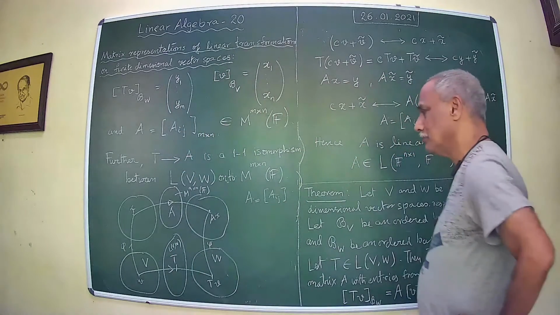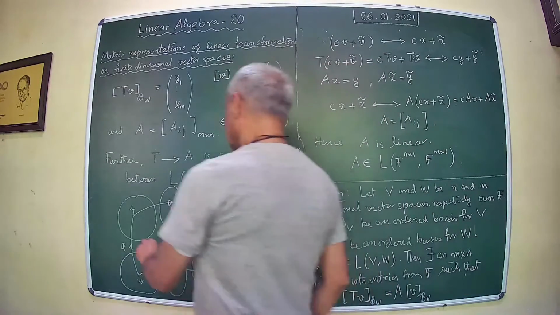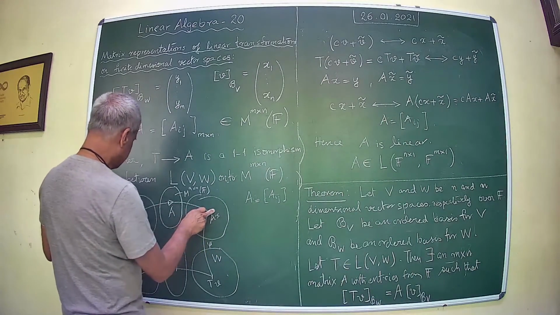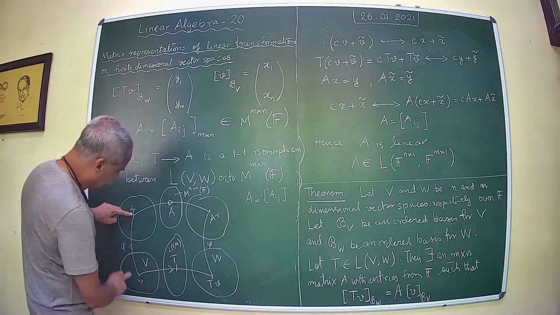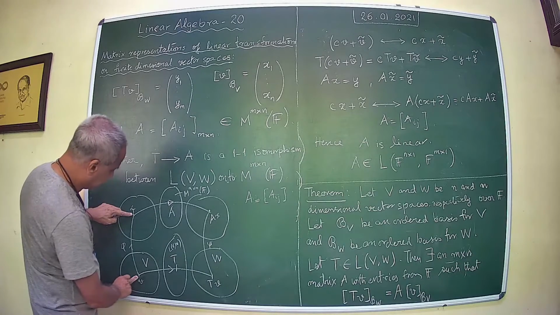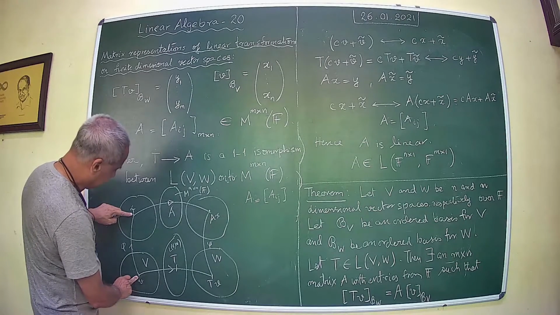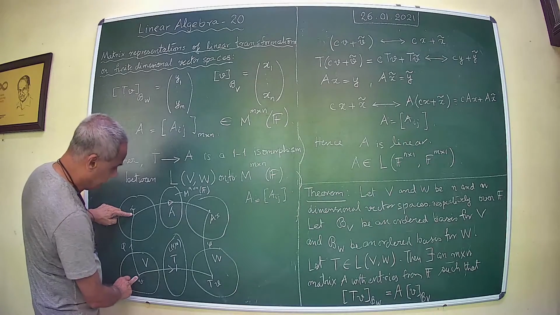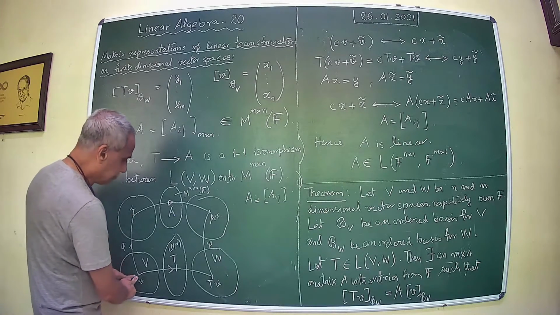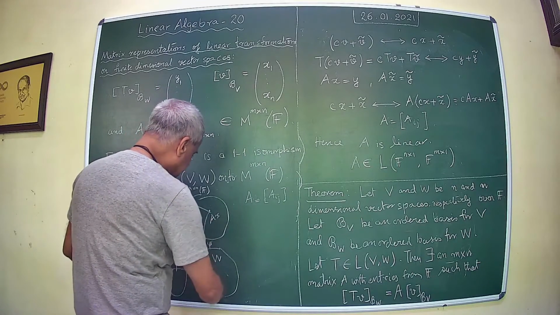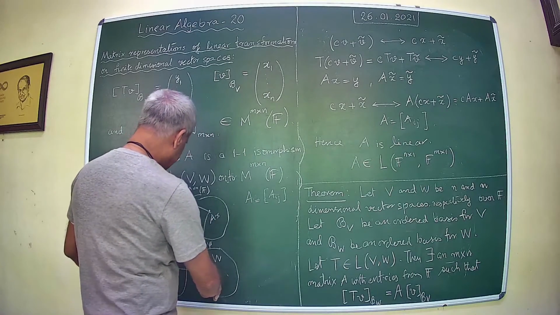How does that come? Comes like this. See, given A, it maps X to AX. Go backward through phi. You get a particular element of V here. So phi inverse of X is equal to v. Then psi inverse of AX is an element here.